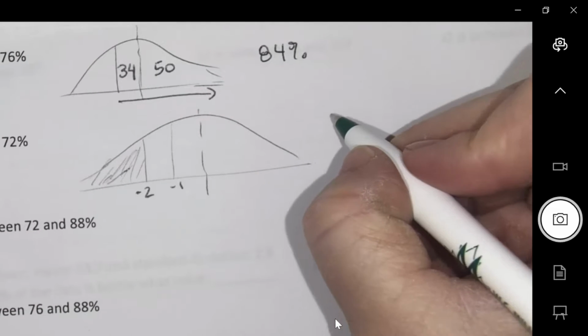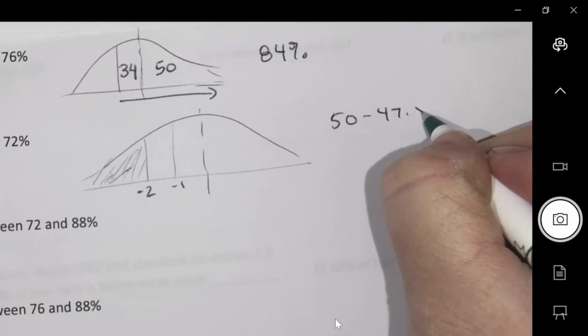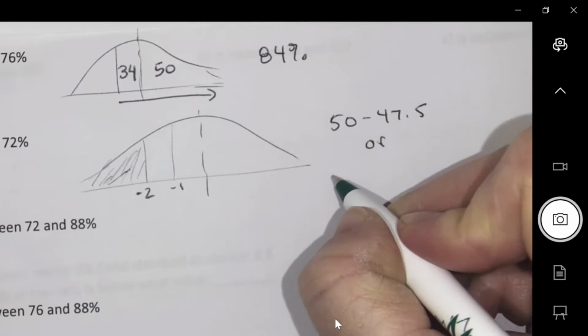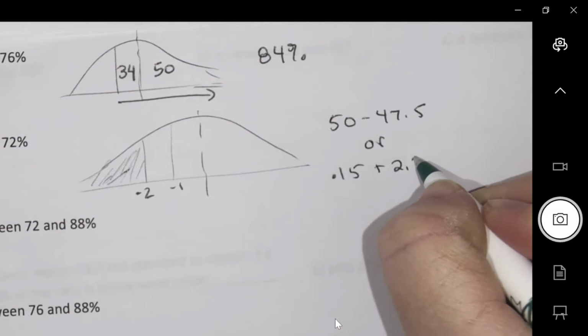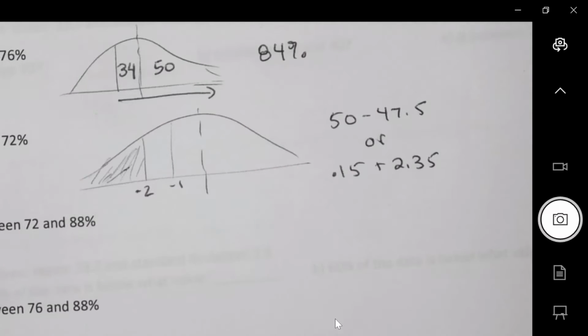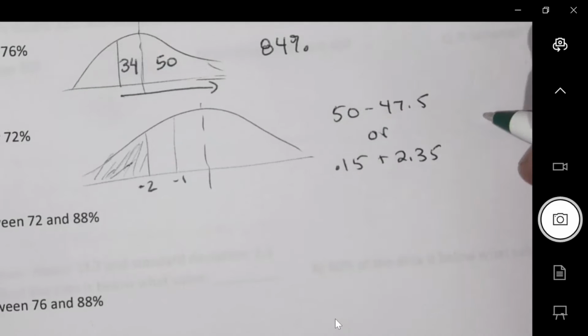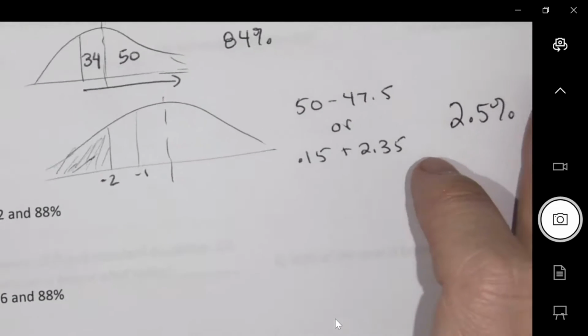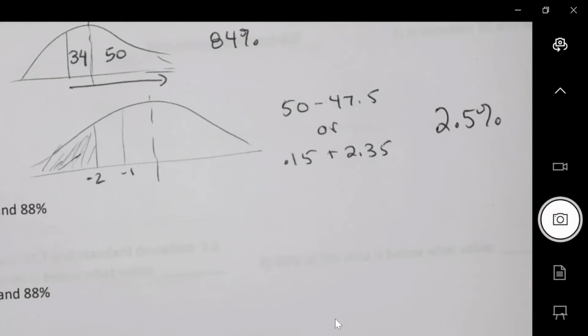That's up to you. So that would be only 2.5% of the data is in those zones.